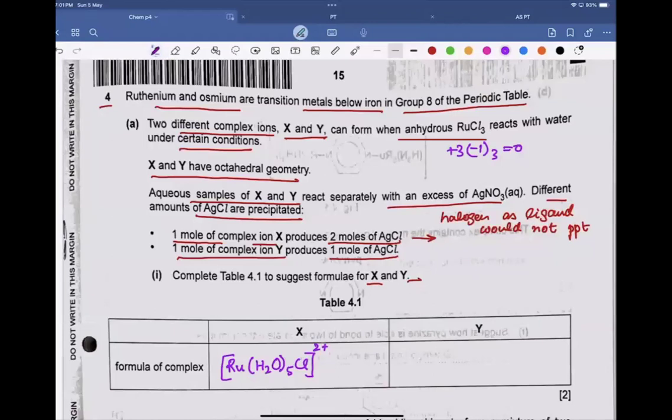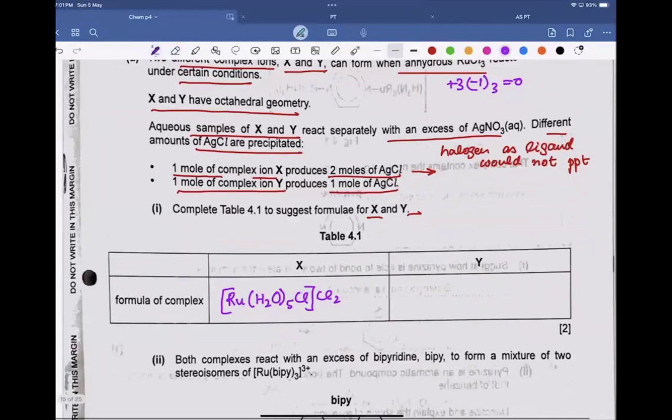So with 1 chloride bonded, ruthenium is 3 positive and chloride is -1, so the net charge is 2 positive. That indicates that there are 2 chlorides which are bonded ionically outside. So you can write the formula like this, or you can write the formula like this. Both are going to be considered correct. Just put up the 2 positive charge.